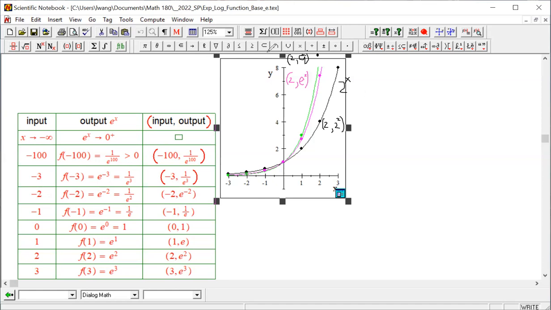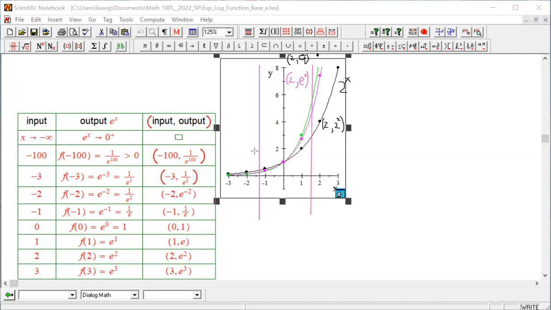For any vertical line we draw, if it's drawn on the left-hand side where the input is negative, 2 to the power x is higher than purple, and the purple is higher than the green. If I draw a vertical line for positive input, you can see 3 to the power x is higher than e to the power x, and e to the power x is higher than 2 to the power x.